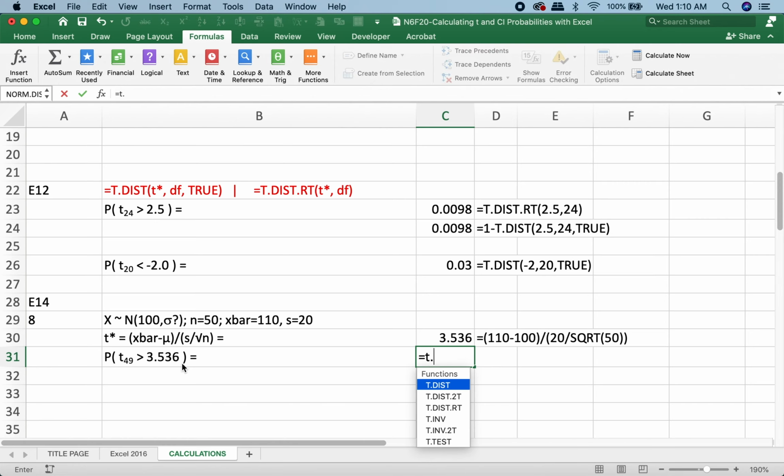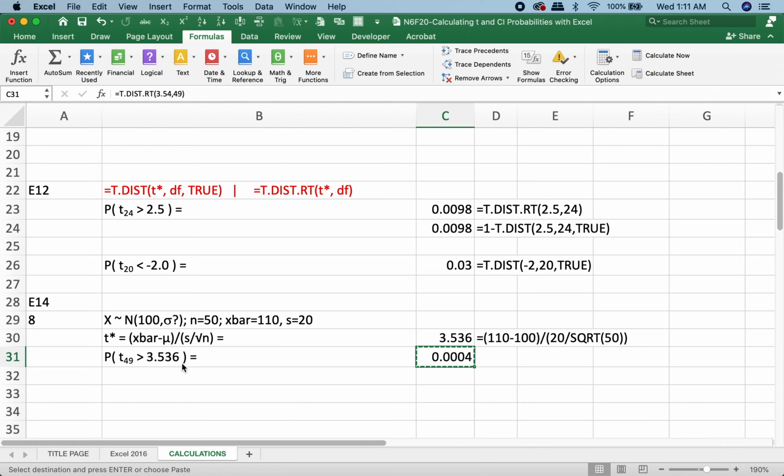So equals t.dist.right tail, 3.54, comma, degrees of freedom will be n minus 1, so 50 minus 1 is 49. And that gives me that as an answer. Remember I said that it's something less than 0.005. It's actually 0.0004. So there you go.